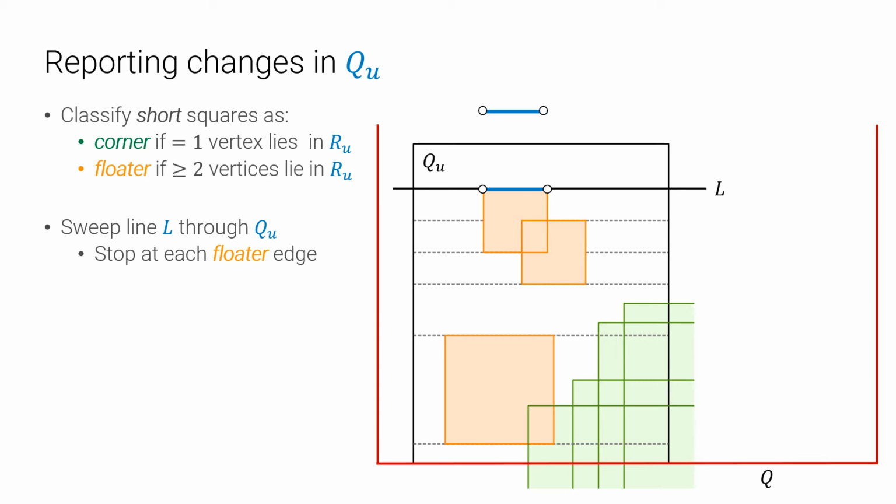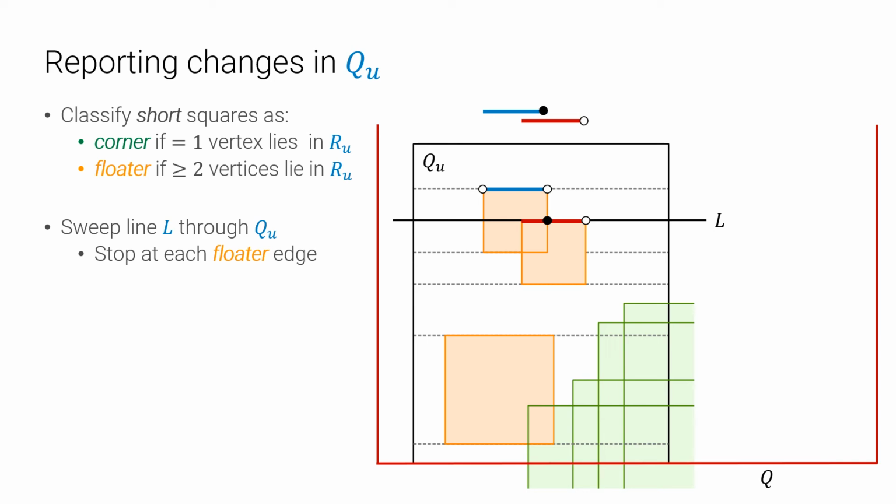We also use the data structure to detect and report the changes of the vertices of this 1D cross-section, as seen here in this example. So here, the blue interval is the projection of the first floater, and its white endpoints correspond to 2D vertices of the 2D cross-section within QU.